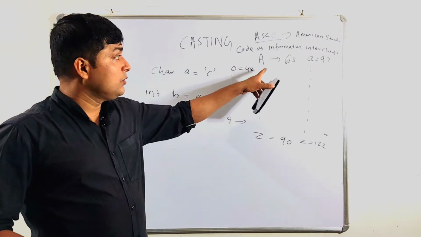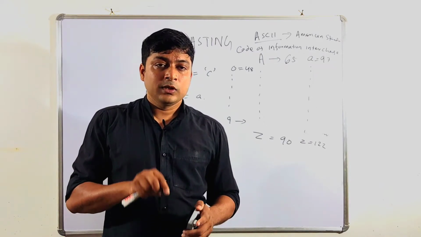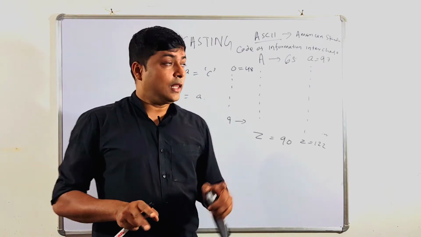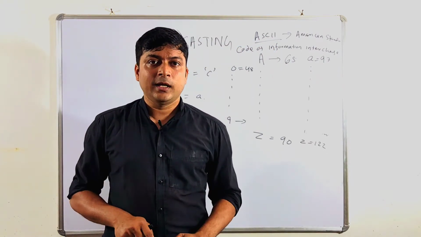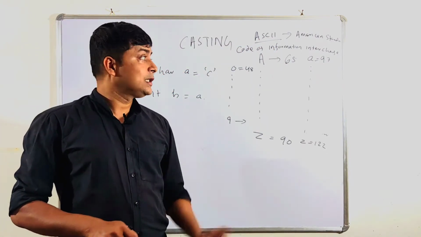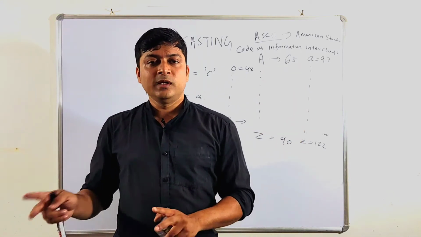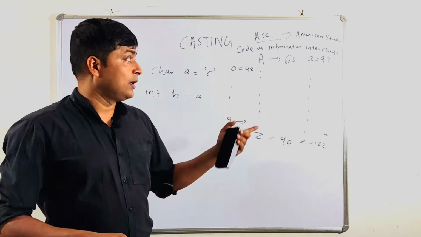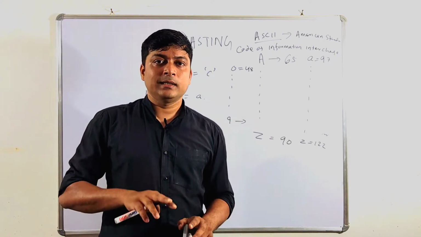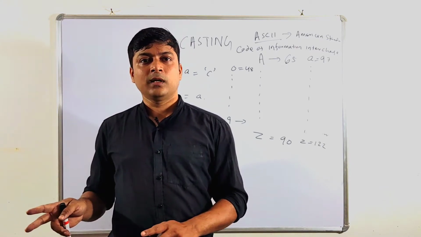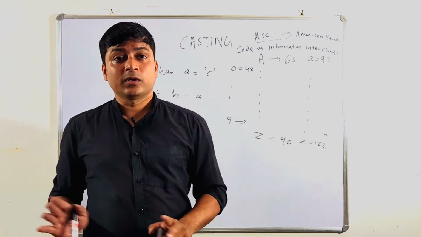Whenever we press a key on the keyboard, every key has some value, and that value is called the ASCII value. Whenever I press capital A, its value is 65, and 65 is immediately converted into binary, so the computer understands that you pressed A. Whenever you press small a, its value is 97, which is immediately converted into binary format, so the computer understands that you pressed small a. Like this way the computer can calculate.